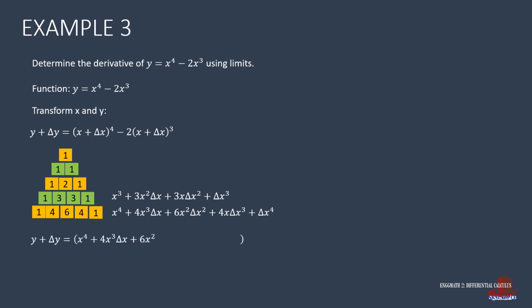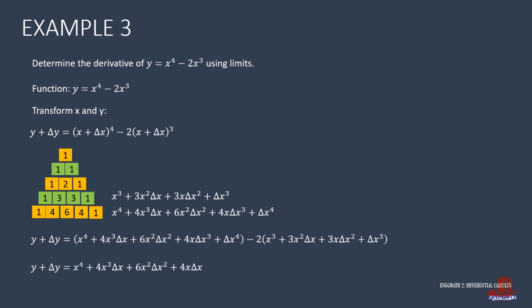Place these expanded binomials into the function and distribute the external factors to have y plus delta y is equal to x raised to 4 plus 4x cubed delta x plus 6x squared times the square of delta x plus 4x times the cube of delta x plus delta x raised to 4 minus 2x cubed minus 6x squared times delta x minus 6x times delta x squared minus 2 times the cube of delta x.